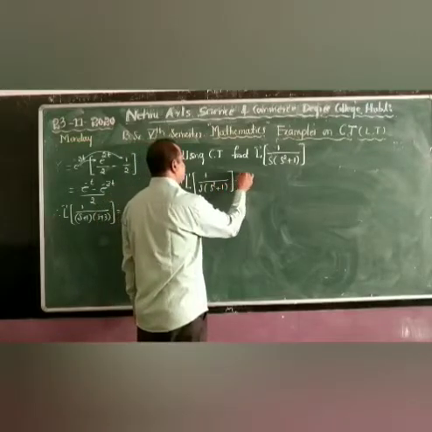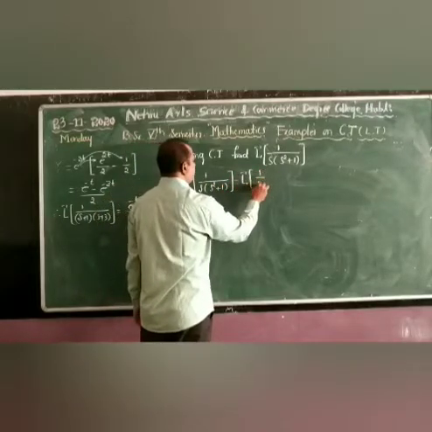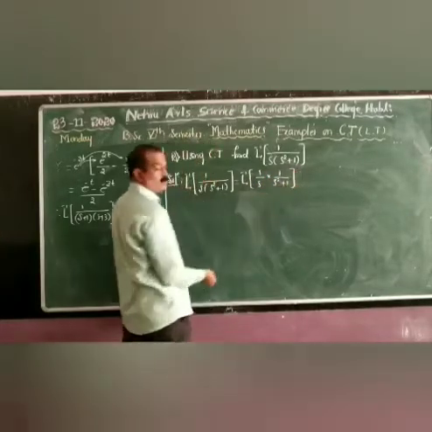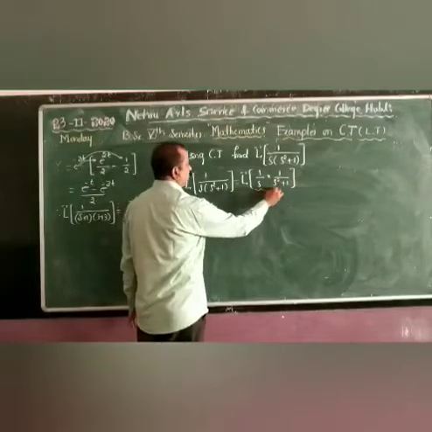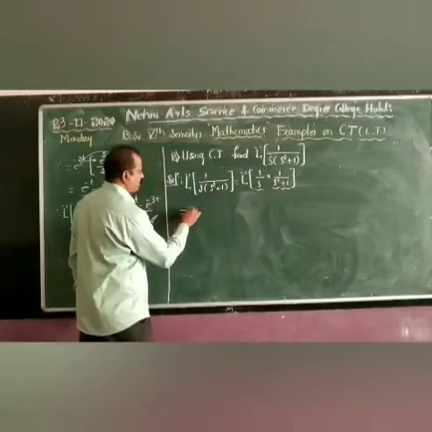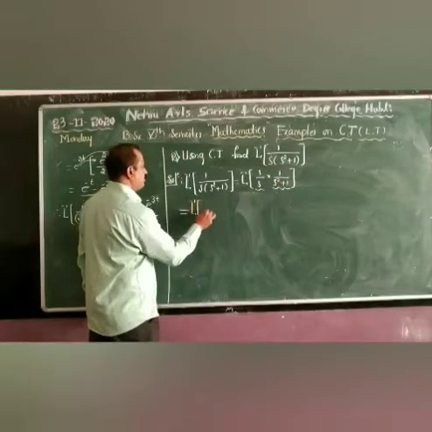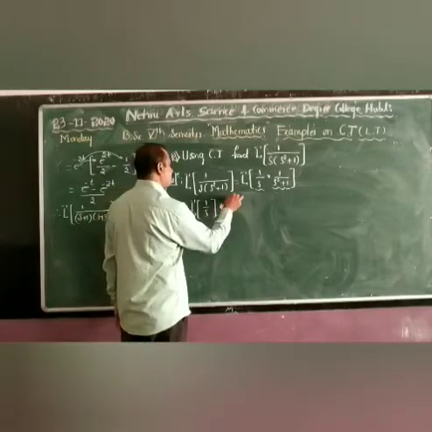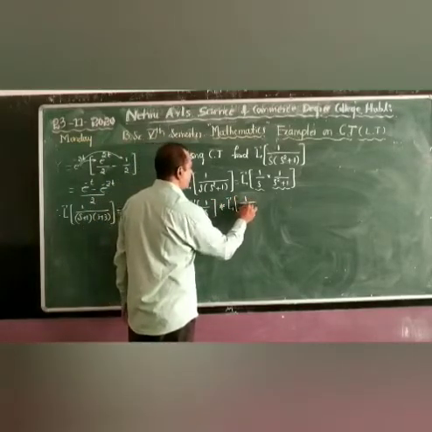As the product, you may split directly: L inverse of 1 by s into 1 by s square plus 1. You can write this as L inverse of 1 by s star L inverse of 1 by s square plus 1.